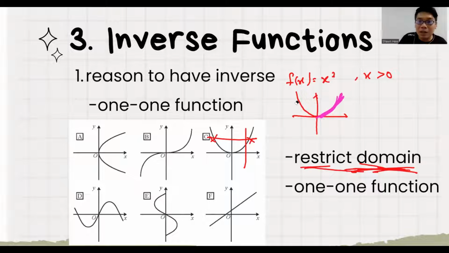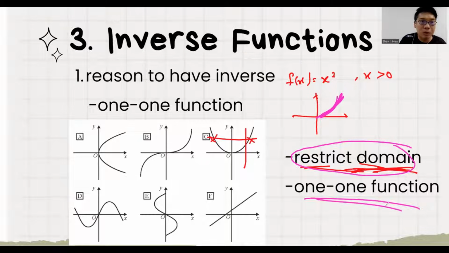Can you see? It will become a one-to-one function. So you need to know that if we want a quadratic to have an inverse function, we must restrict the domain so that it becomes a one-to-one function.